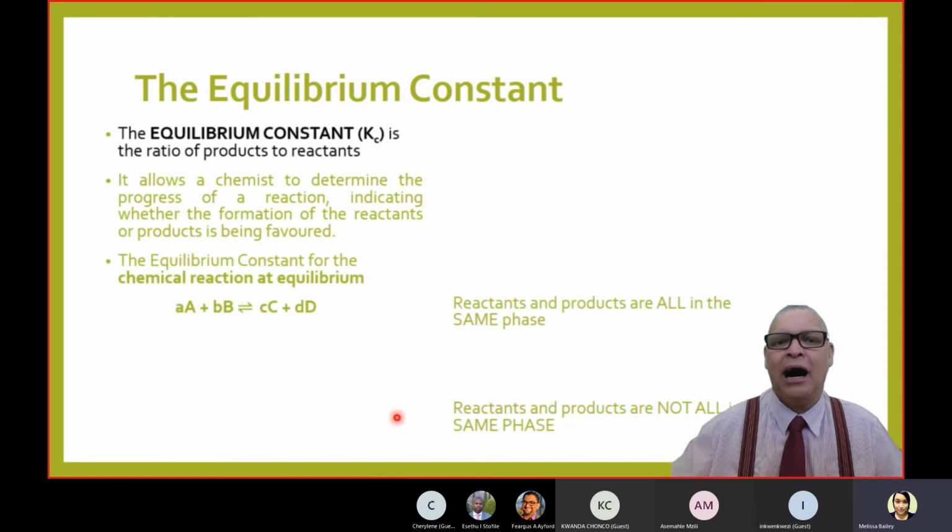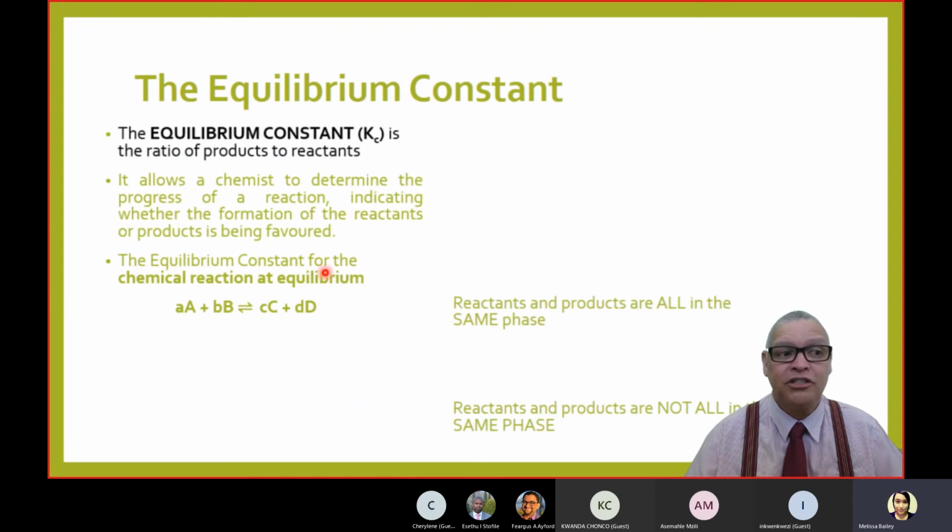Have a look at this hypothetical equation. We say hypothetical because the A, B, C, and D are not representative of any compounds or elements on the periodic table, and the small a, small b, small c, and small d represent the number of moles. So, for example, if we have a chemical equation that looks like this, notice it's a reversible reaction.